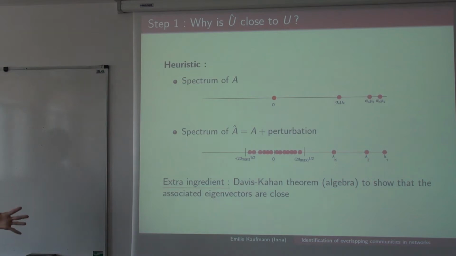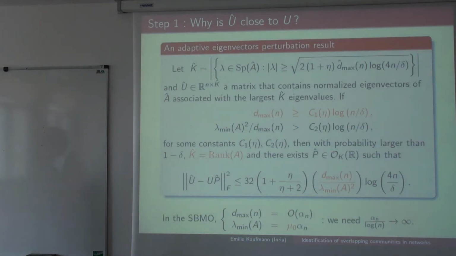So using these two tools, concentration results and deterministic results from algebra, we were able to show the following result. The result bounds the deviation of U hat with respect to U in Frobenius norm.